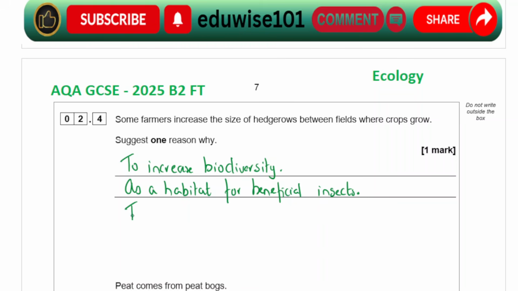You could also say to reduce wind speed, or to reduce soil erosion.